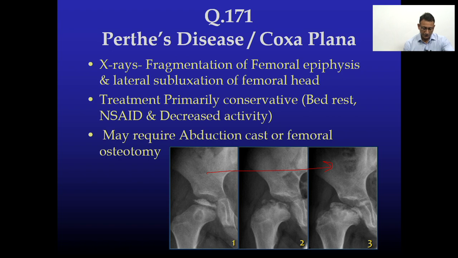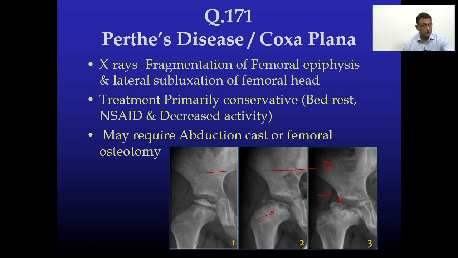In initial stages you will see only sclerosis of the femoral head, and then in further advanced stages you will see fragmentation of the femoral head, and in the third stage there will be extrusion of the head out of the acetabulum. So, fragmentation of the femoral epiphysis and lateral subluxation of the femoral head will be seen.